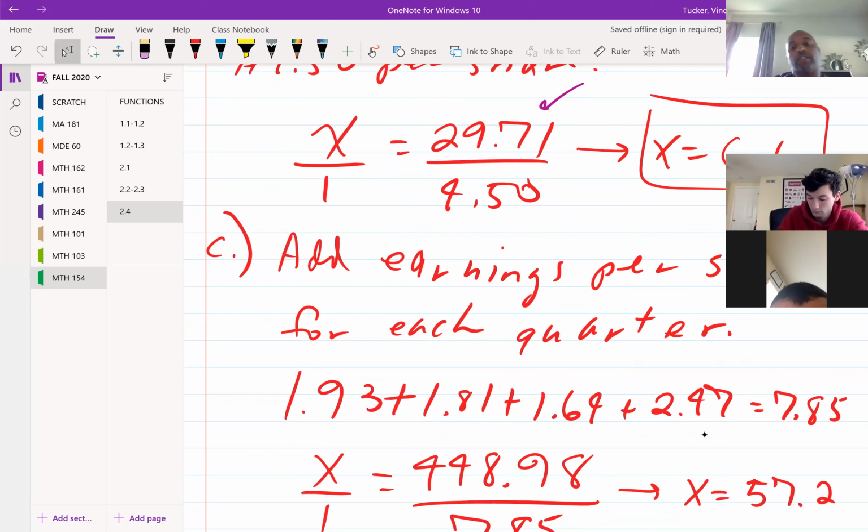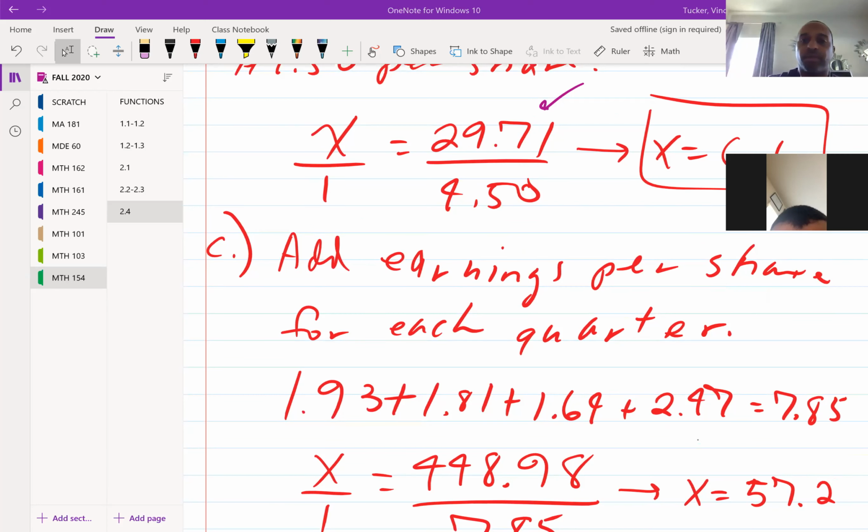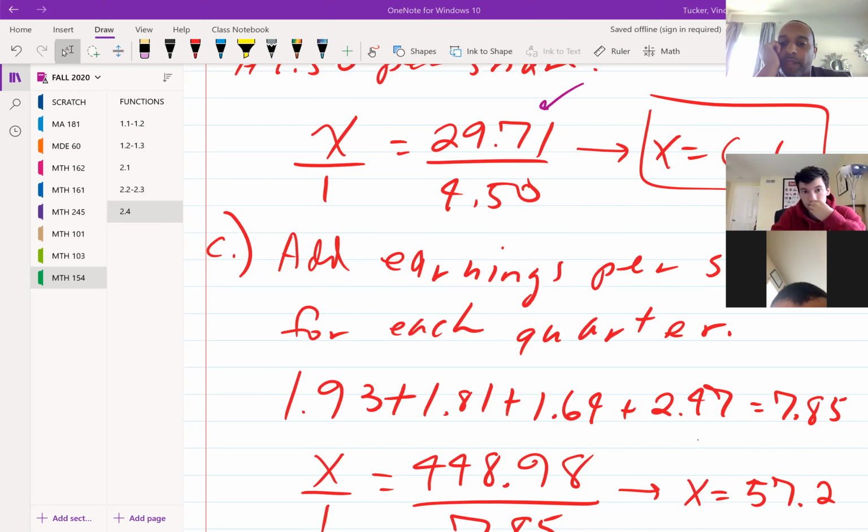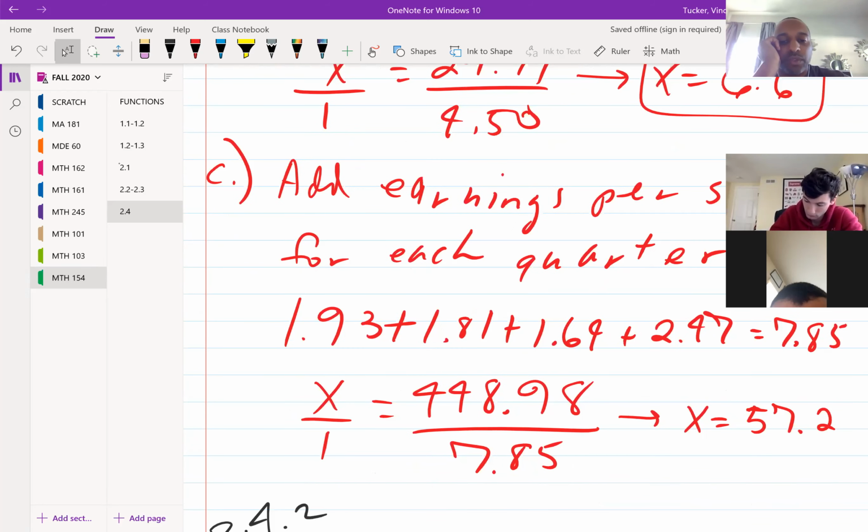I had 1.93, 1.81, 1.64, 2.47. That gave me 7.85. Then I take the number that he gave in C, which for me was 448.98, divided by 7.85. And that gave me 57.2.